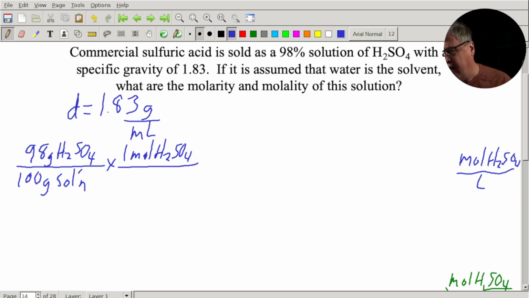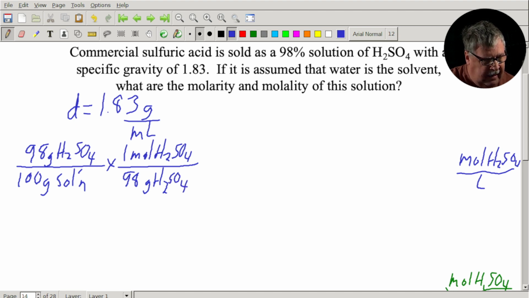Now, if I go and I figure out what the molar mass of H2SO4 is, it actually comes out to 98 grams per mole. All right, we could be a little bit more precise than that if we wanted to, but this isn't going to be a very precise calculation. There are only 2 sig figs in it based on the percentage.